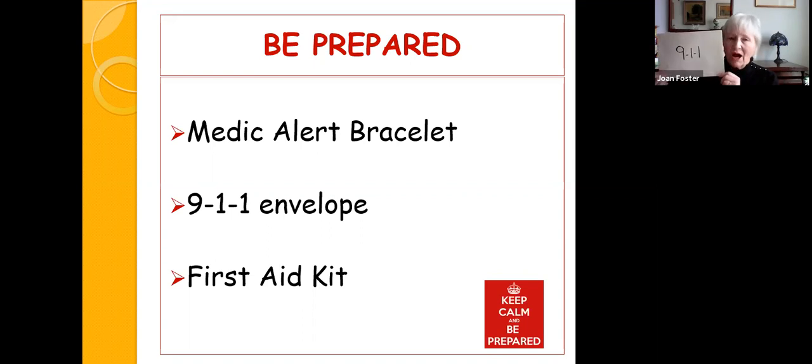In this 911 envelope, you have a copy of the Medicare card, a copy of the hospital card, a list of medications from the pharmacy, a list of contact names and phone numbers, and, as well, a good form is the government levels of care form.